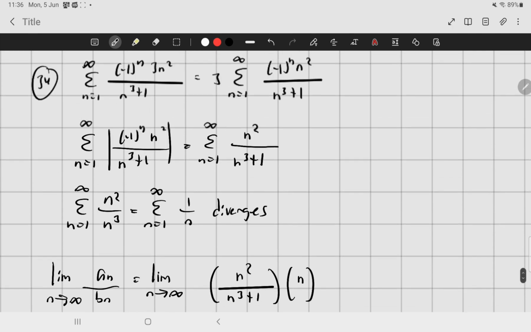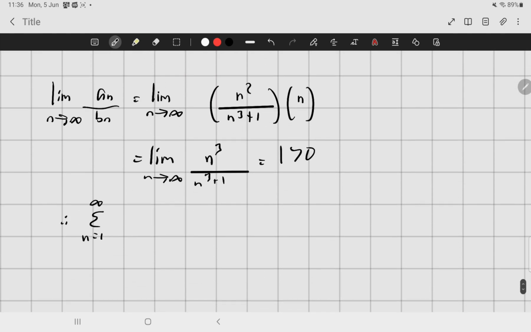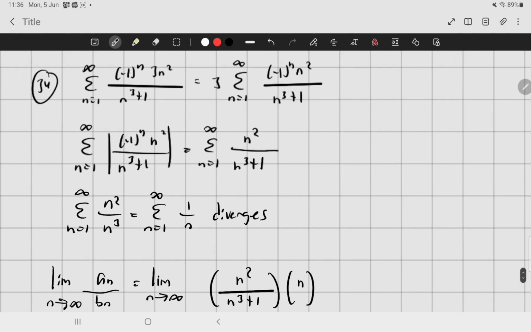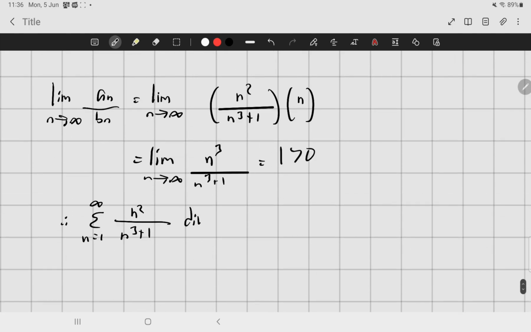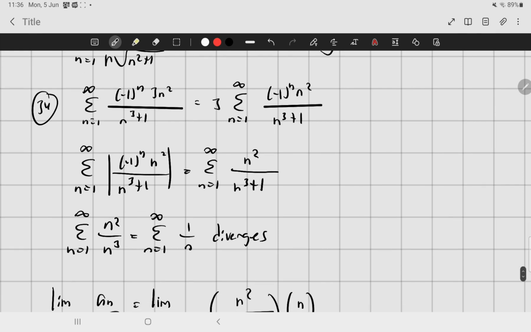Therefore, this series diverges. Now, how about our original series without the absolute value?